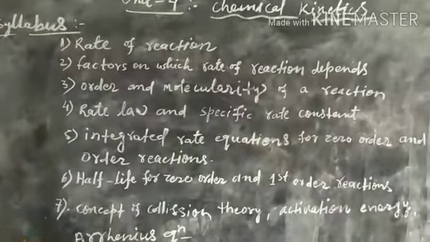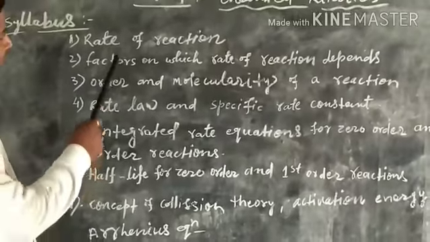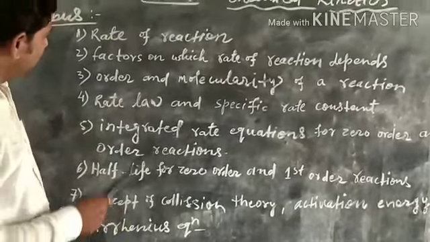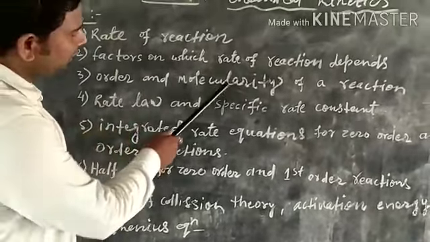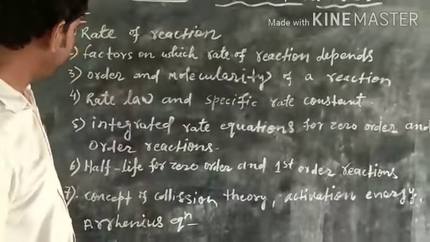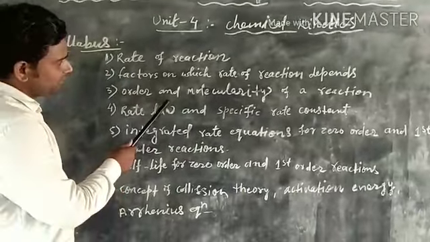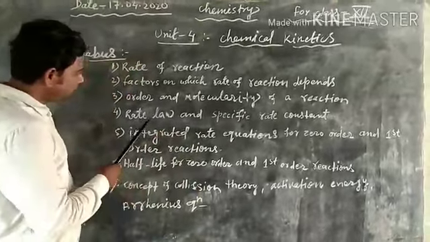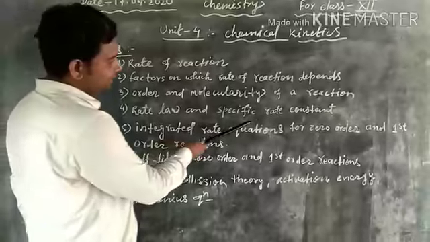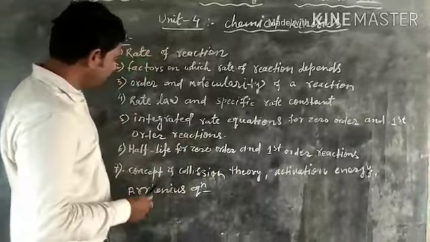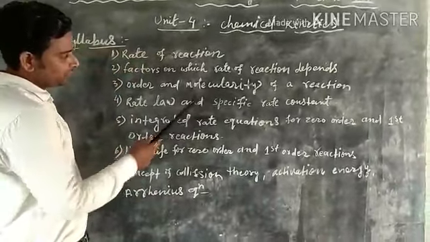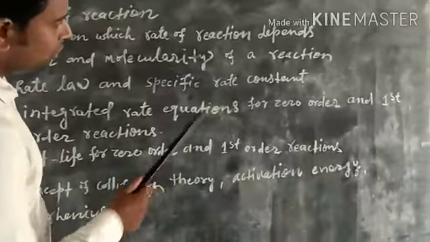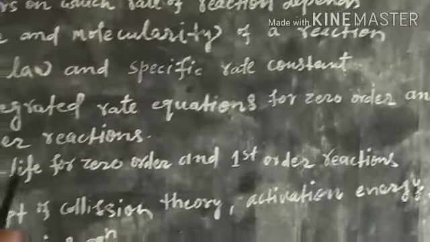First of all, we will study in this chapter the rate of reaction, then the factors on which the rate of a chemical reaction depends, order and molecularity of a reaction, rate law and specific rate constant, integrated rate equation for zero order reaction and first order reaction.